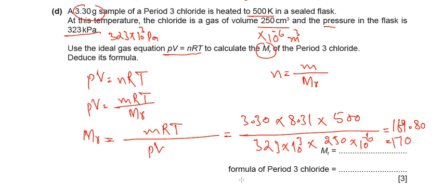Now he says that we have to deduce its formula. So the period 3 formula. How many elements are there in period 3? Sodium, magnesium, aluminum, silicon, phosphorus, sulfur.